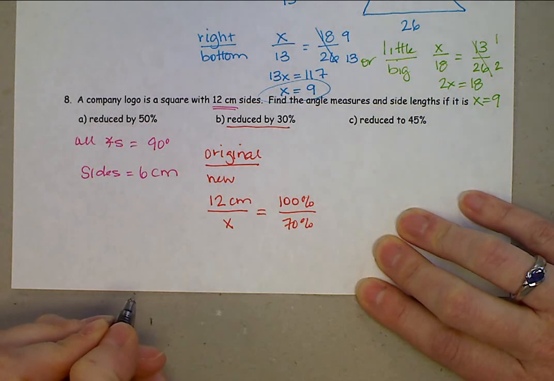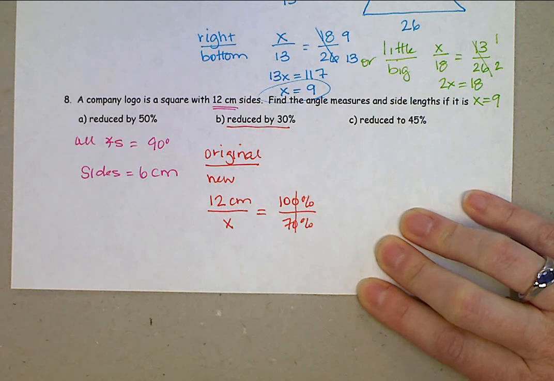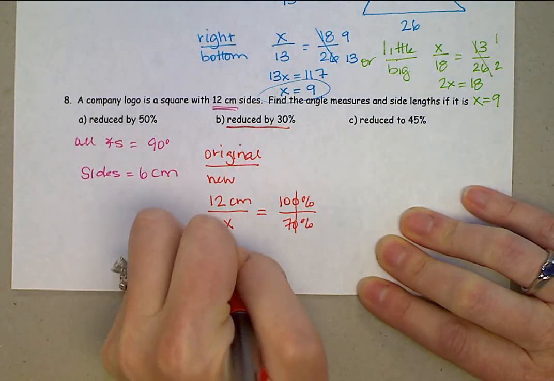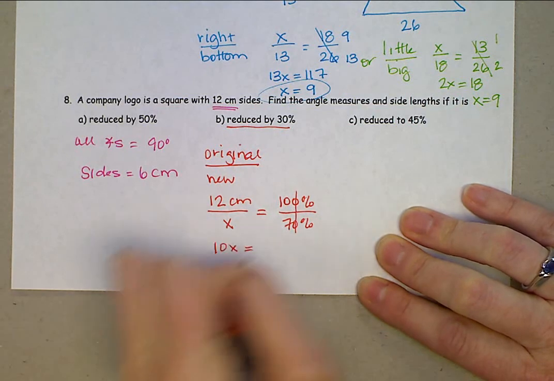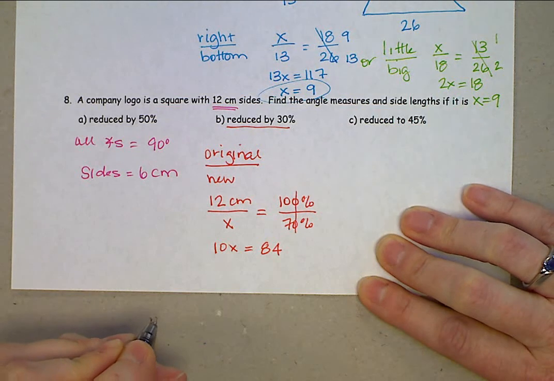So we want to reduce 100 over 70. We can divide out a 10 right away. Do your cross multiplication. You get 10x equals 12 times 7, which gives us 84, I believe. Okay, it doesn't come out nice, and that's okay.